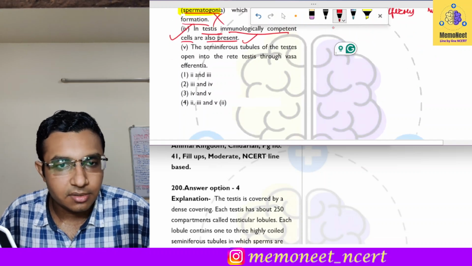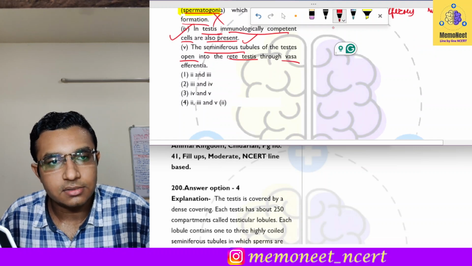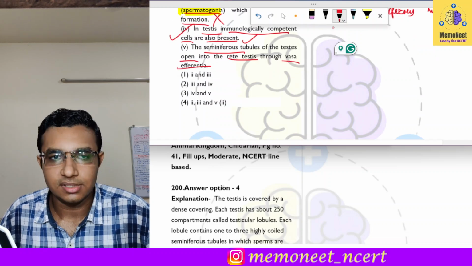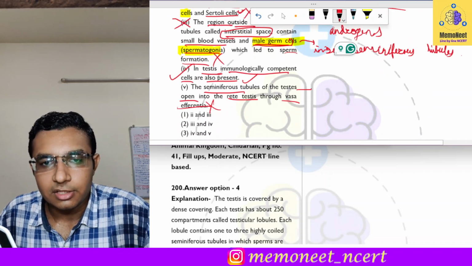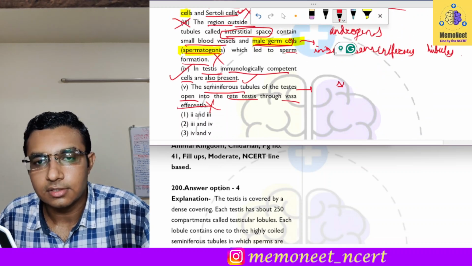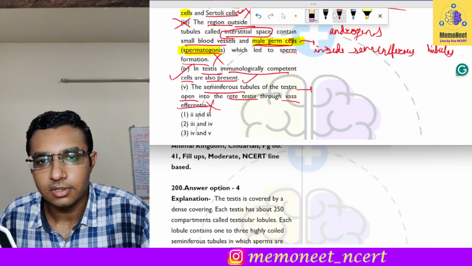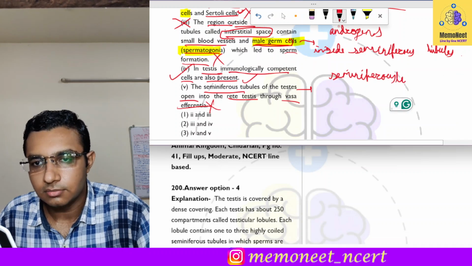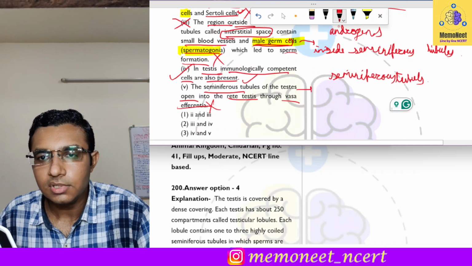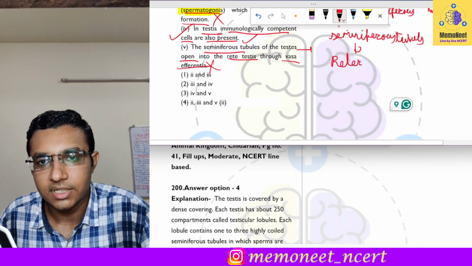The fifth statement is the seminiferous tubules of the testes open into the rete testis through vasa efferentia. Is this statement correct? No, it is incorrect. Why? Because the pathway of the sperm looks like this. The sperms are produced in the seminiferous tubules, they are transported into the network of tubules called rete testis.